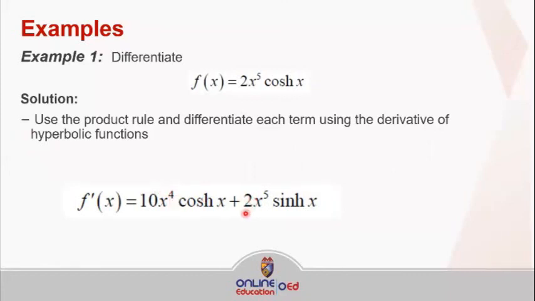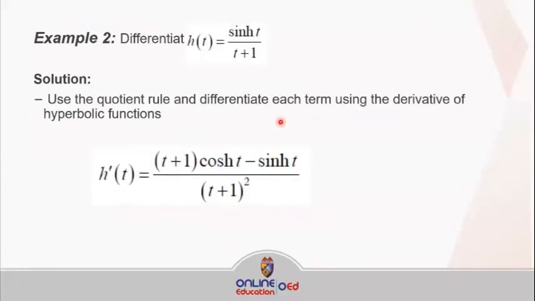And for the next is i-add lang natin yung value natin ng 2x raised to 5 and yung derivation natin ng cosh x, which is sinh x. Therefore, for the first derivative of this equation, we have 10x raised to 4 cosh x plus 2x raised to 5 sinh x.